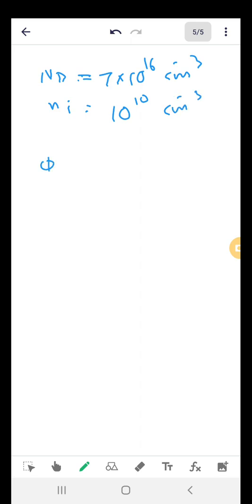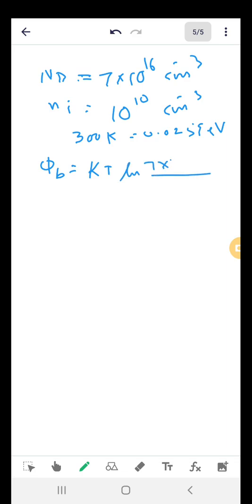So the bulk potential phi b is kT, where T is 300 Kelvin, so it corresponds to 0.0259 electron volts. So it's kT ln ND, 7 into 10 to the power 16, divided by 10 to the power 10. If you put the values here, it turns out to be 0.41 electron volt. This is the bulk potential, and this has to be equal to the surface potential to make the surface intrinsic.